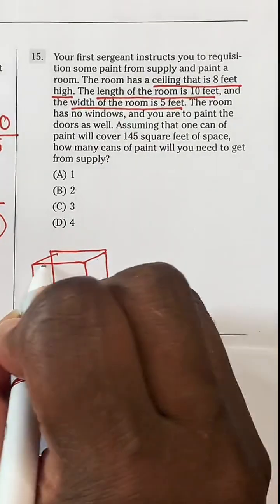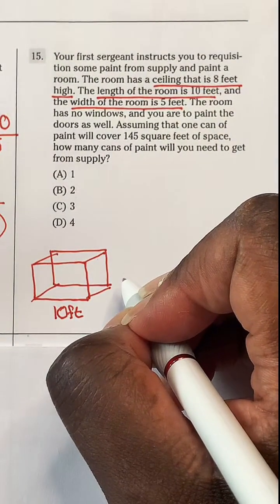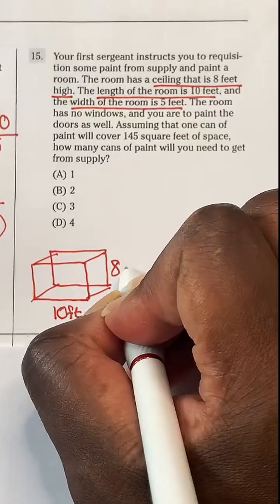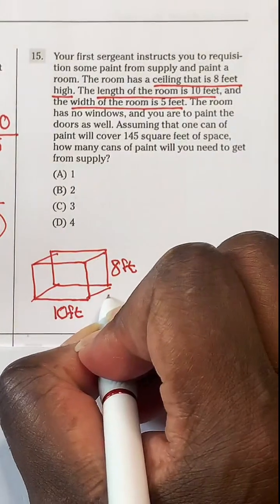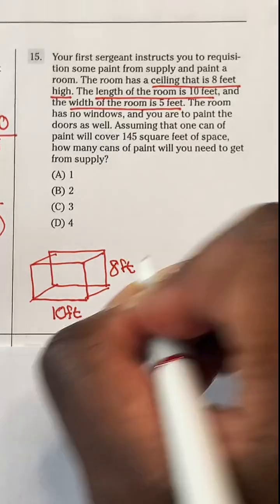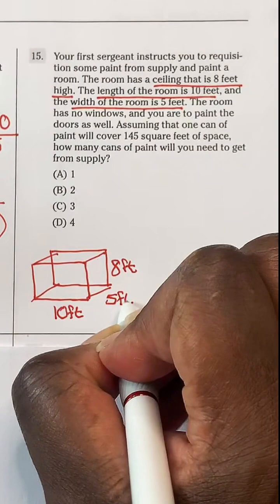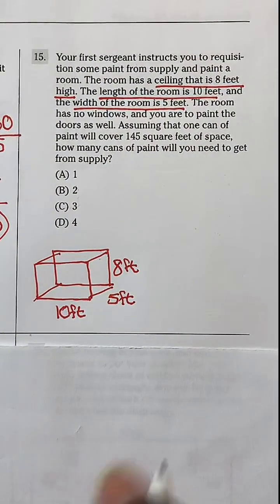I know the ceiling is up here, but they're saying it's 8 feet high. The length of the roof is 10. The width is 5. And what they're looking at is surface area.